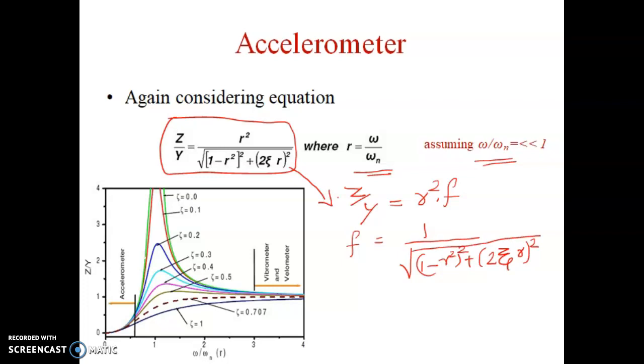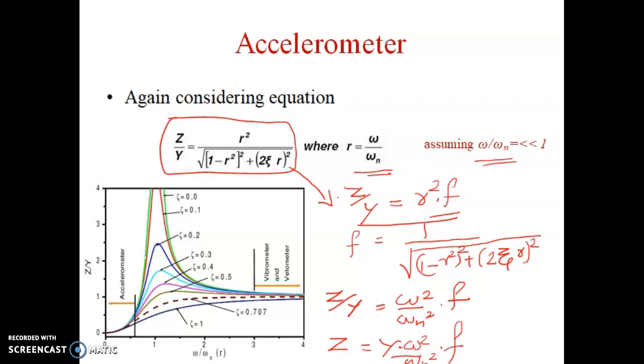And the same equation can be elaborated as z by y is equal to omega square by omega n square into f. And this can be rewritten as z is equal to y into omega square divided by omega n square into f.